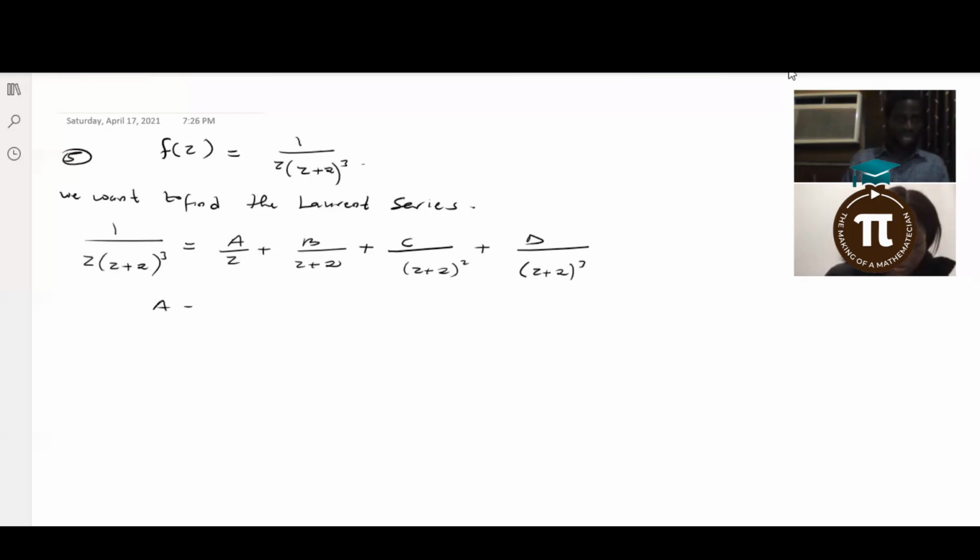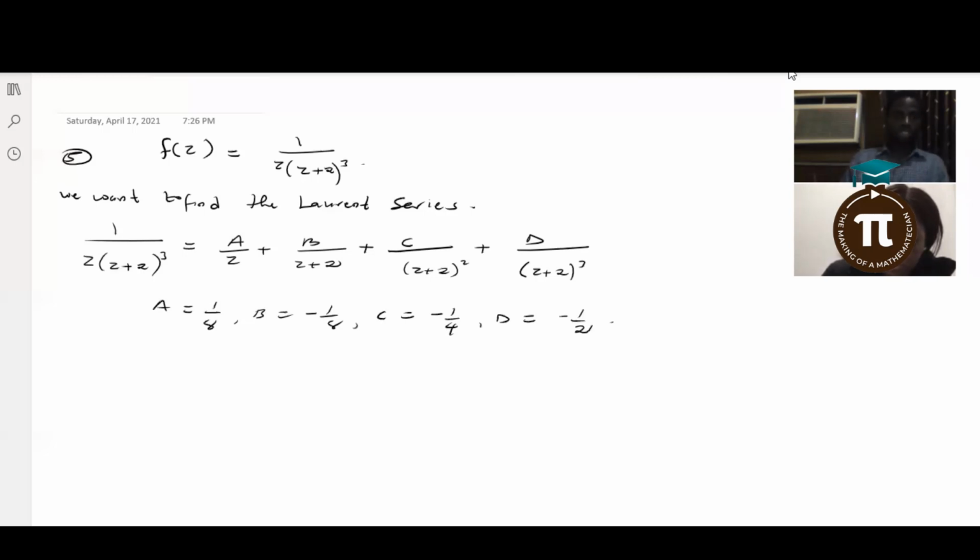Obtain A to be 1 over 8, B to be negative 1 over 8, C to be negative 1 over 4, and D to be negative 1 over 2.